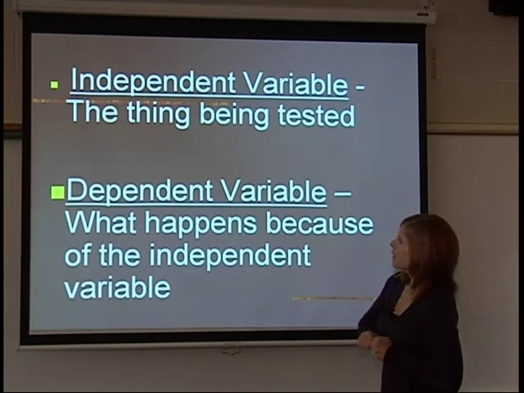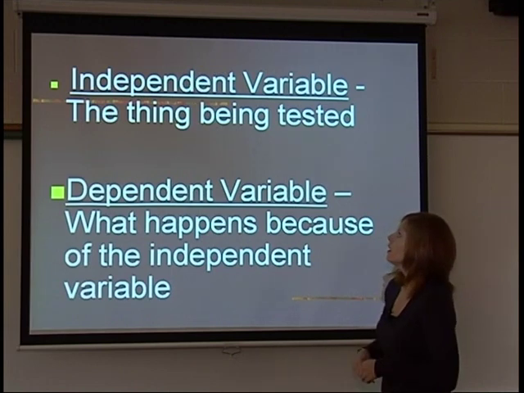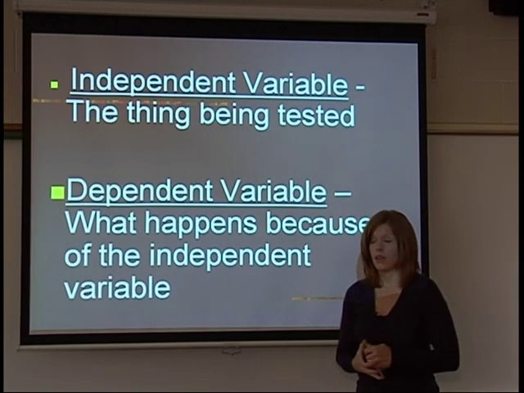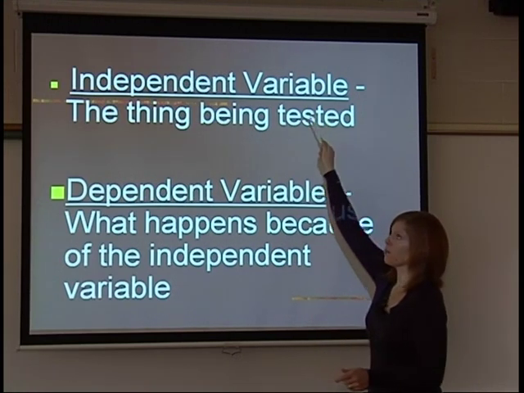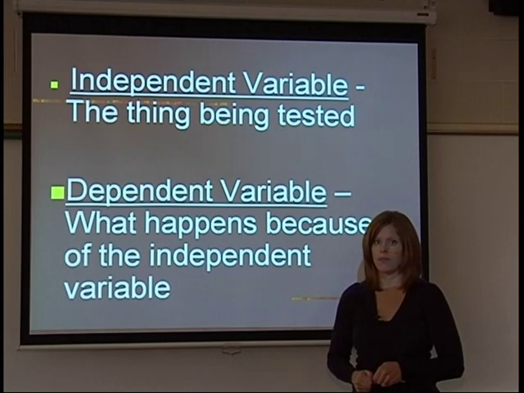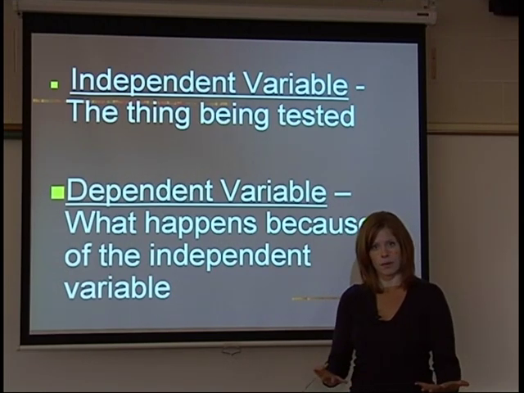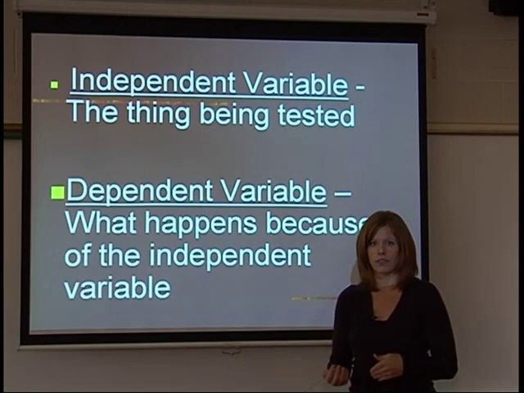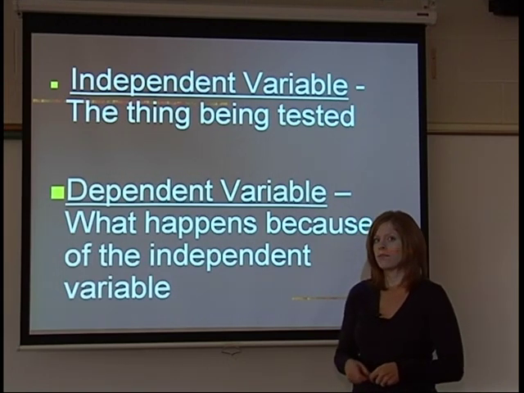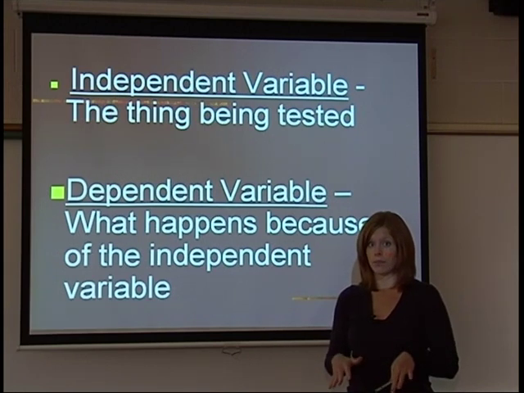You also want to think about these two aspects in regards to your experiment. The independent variable is whatever you are testing. This is a very, very important piece of an experiment. You want to only have one independent variable. So if we're still going to go with the test that not eating breakfast causes weight loss, the only variable we would want to have is that those students did not eat breakfast.